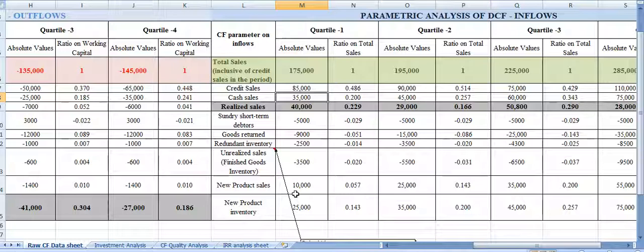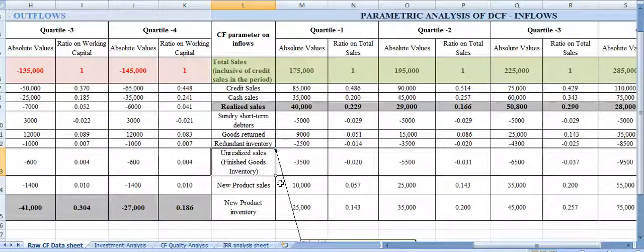So the bottom line remains, our bottom line revolves around the initiatives to boost the operations in terms of achieving higher productivity, better yield, and generating quality leadership to ensure that the percentage of goods returned, redundant inventory, and unrealized sales potential is much lower.